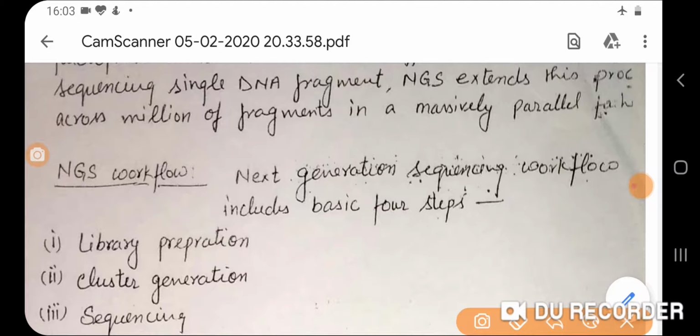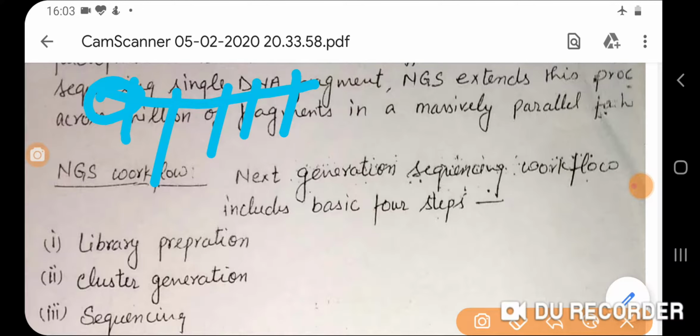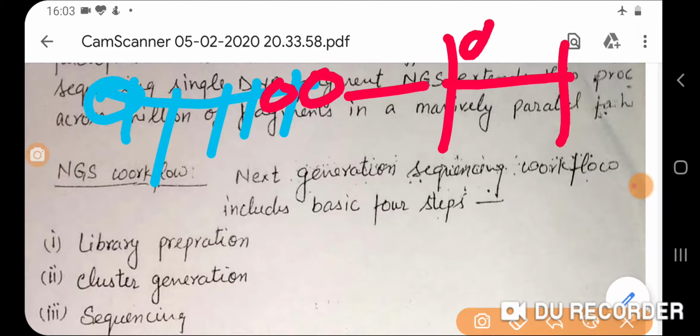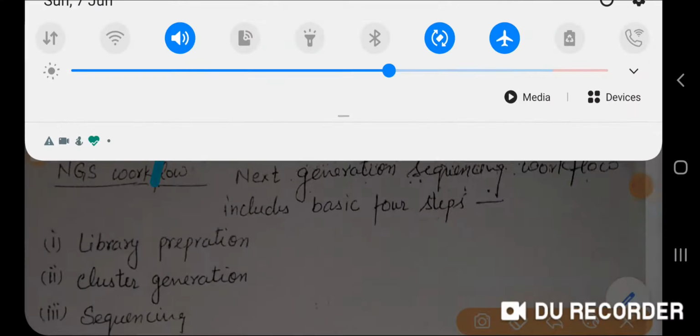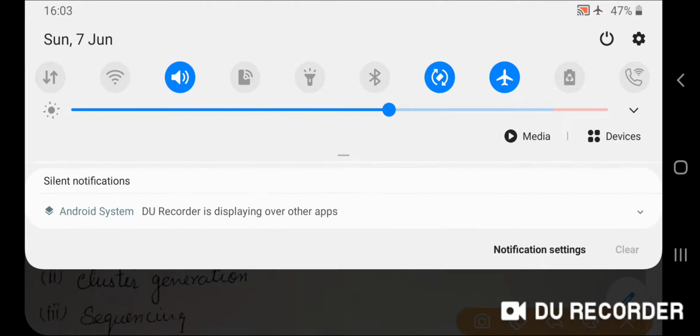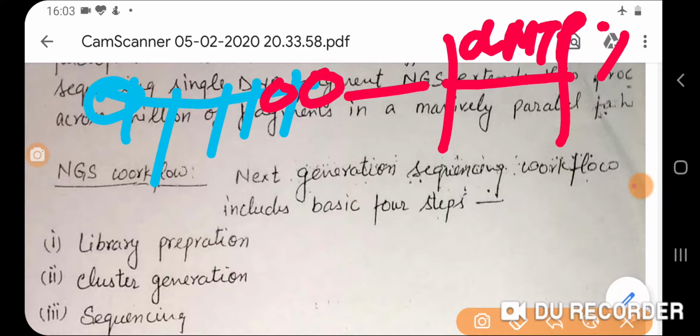What happens actually? The process is the same. This is a sequence. We break it down into different parts. We take these parts one by one, and we go for the sequence by using dNTPs. So what is the advancement in NGS?